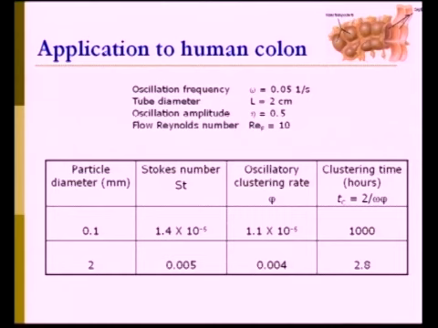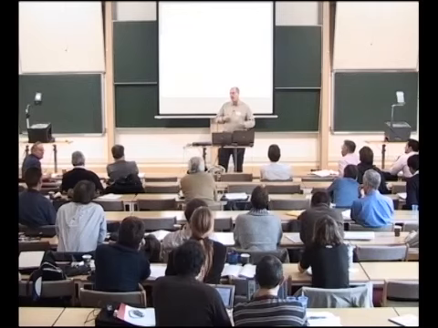As the particle or aggregate size gets bigger, looking at about 2 millimeter cases, the Stokes number is about 0.005 or so. The clustering rate is not a huge number, but this is similar to the simulations that I've been showing you. And the clustering time is on the order of a couple of hours, whereas typical digestive time would be several weeks.